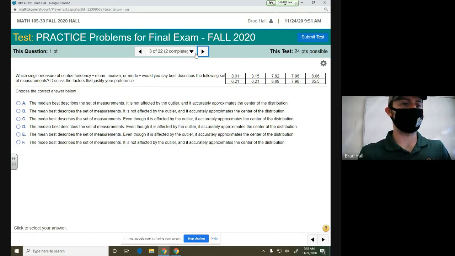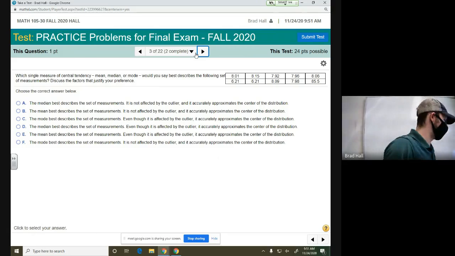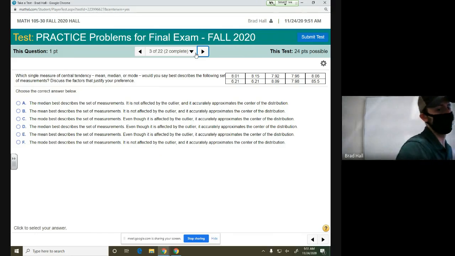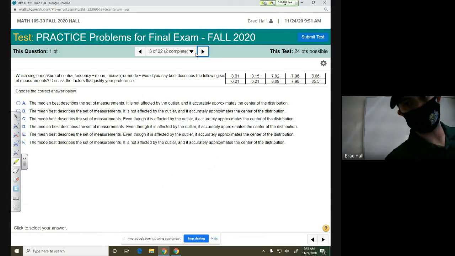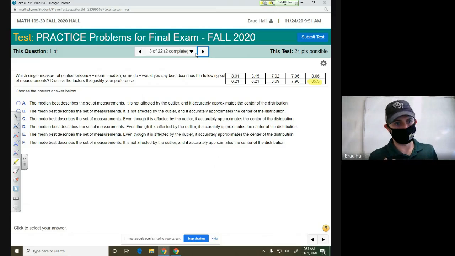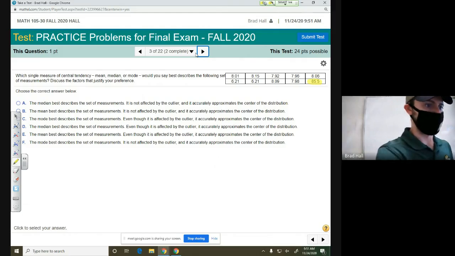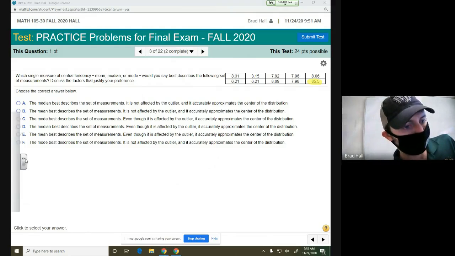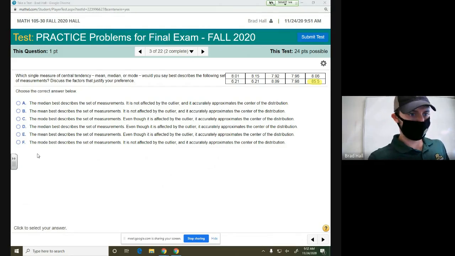So it's either the mean or the median. The mean is normally good unless there are outliers. Wait a minute, I see an outlier, a very egregious outlier, the 85.5. That's way larger than the other values. So the mean is 100% going to be skewed. So if anything, the median will be the best measure of central tendency.